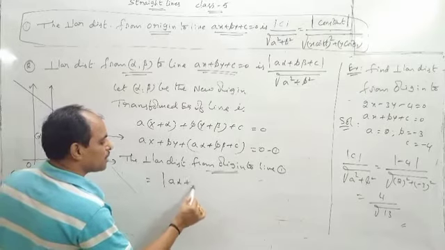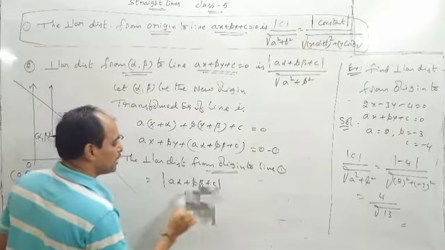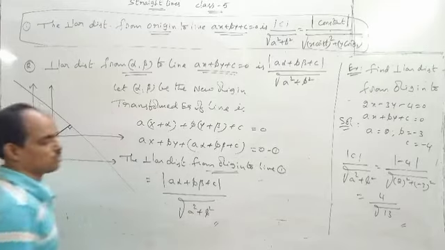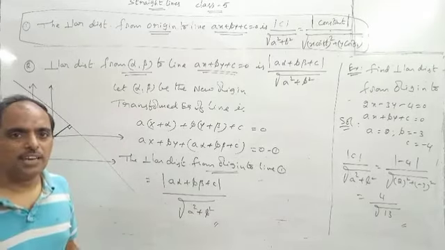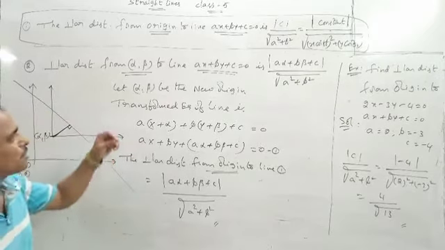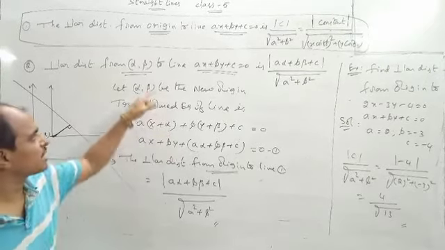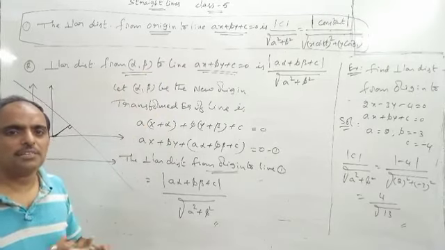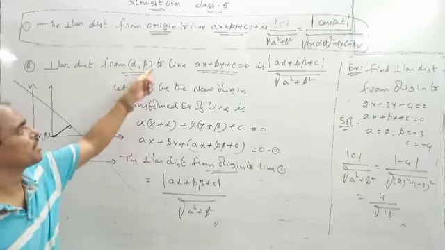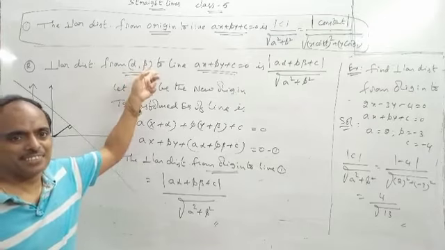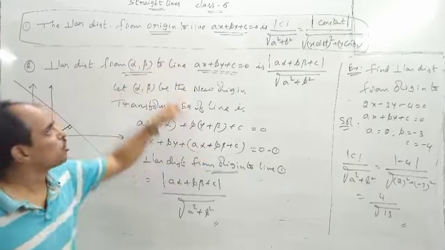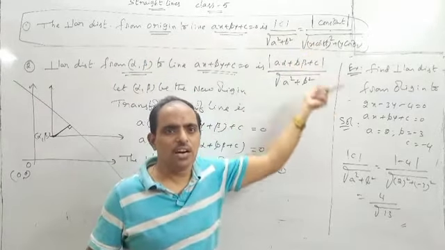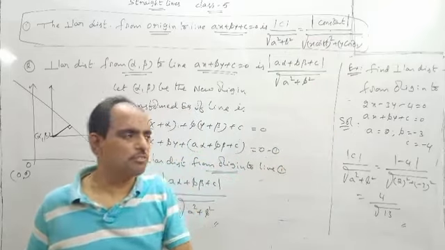Modulus of a alpha plus b beta plus c by root of a square plus b square. Okay? Let me explain once more how we proved it. We have to find perpendicular distance from a point to this line. That is the question. What I did is, the origin is shifted to this point. So this will be the origin and this is the new equation. So if you know the origin and the line, what will be the perpendicular distance? Modulus of constant by root of x coefficient square plus y coefficient square.